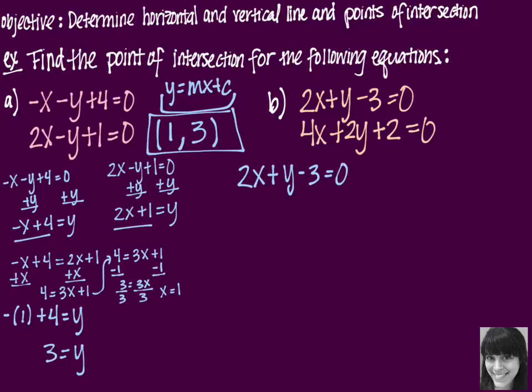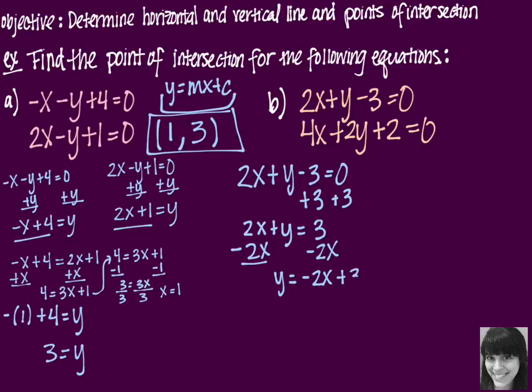Y is positive, so I'm going to leave it alone and just move everything else over. So if I add 3 to both sides, I get 2x plus y equals 3. And then I can subtract 2x on both sides. And I get y equals negative 2x plus 3.